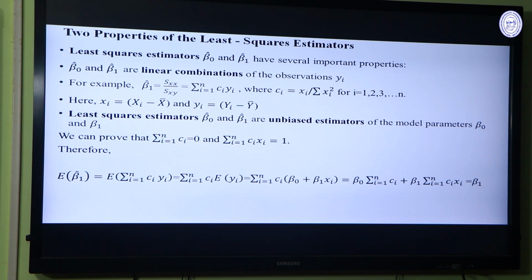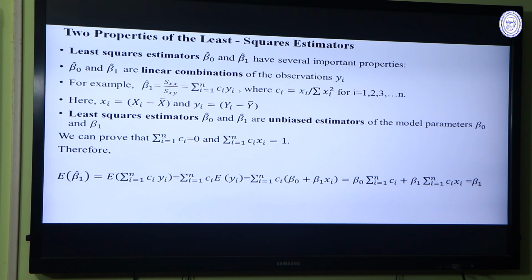So, how can I prove it? I have taken the expected value of beta 1 hat, which is equal to the expected value of summation i equal to 1 to n Ci yi, as we have already taken it as an assumption that beta 1 hat is equal to summation i equal to 1 to n Ci yi.